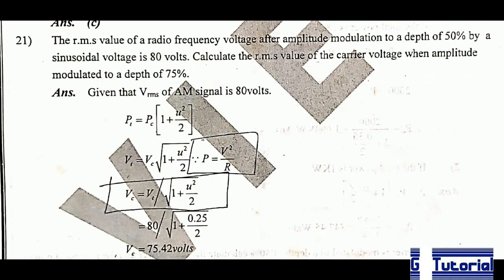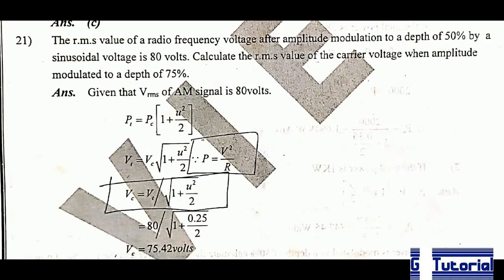Similarly we can derive the expression for voltage by substituting P is equal to V square by R. So instead of Pt, Vt square by R is equal to Vc square by R into 1 plus mu square by 2. Cancelling R and taking the square root, we get Vt is equal to Vc into root of 1 plus mu square by 2. This is similar to the current relation. You don't have to derive it. Now let us perform the calculation.